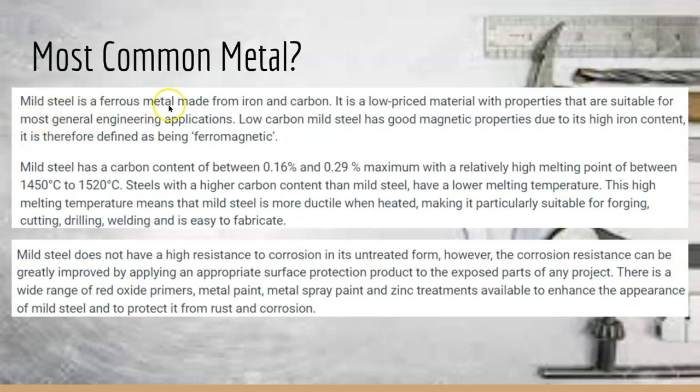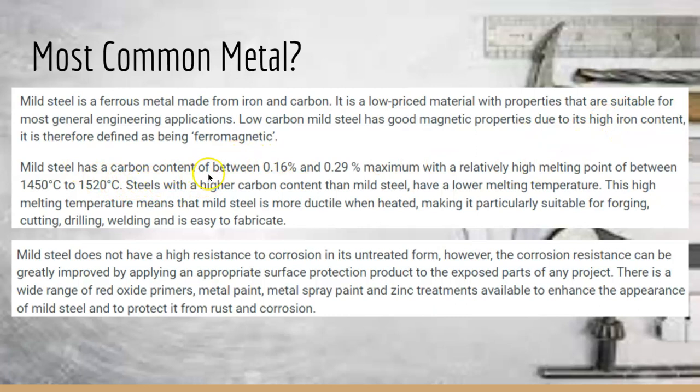Okay, the most common metal that we have is mild steel. This is what you are going to deal with in the shop at all times. There's the possibility that you might do some aluminum welding, but very rare. Mild steel is a ferrous metal. It's magnetic. It's made of iron and carbon. It's low priced, which is why most people use it for their general engineering applications. We talked about magnetic properties due to its high iron content.